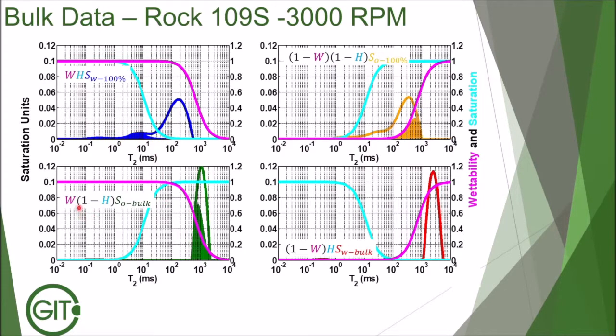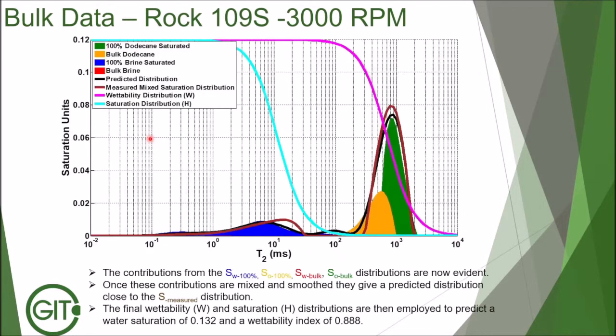Conversely, if we look at the W times 1 minus H times bulk oil contribution shown here, we see there's quite a bit of contribution from the bulk oil T2 distribution. So overall, this data seems to indicate that following centrifugation at 3000 RPM, the rock is mostly saturated with oil, but is still water wet.